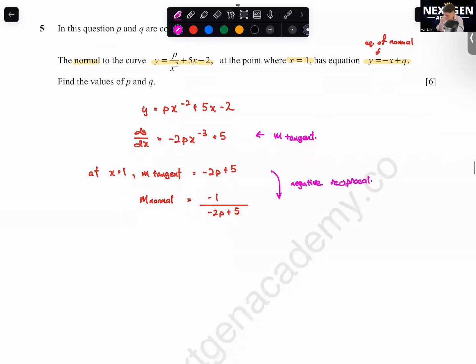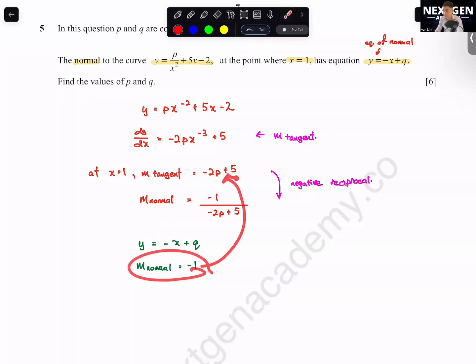What do we want to find here? We got this one, right? y equals negative x plus q. So that means the gradient of my normal equals negative 1. You can do it the other way around also. You can find the gradient of the tangent, then equate it into this one. Up to you. That way actually might be easier.